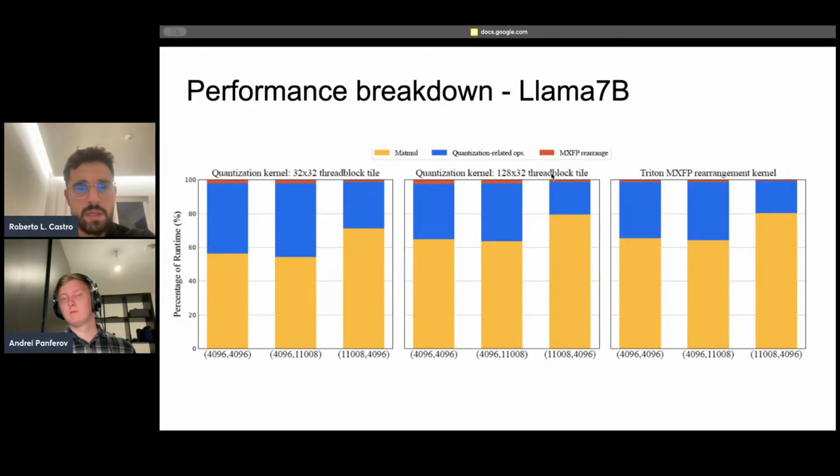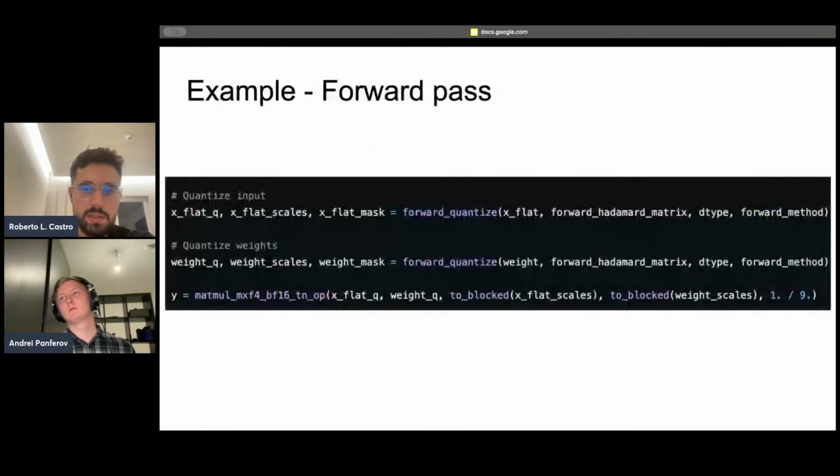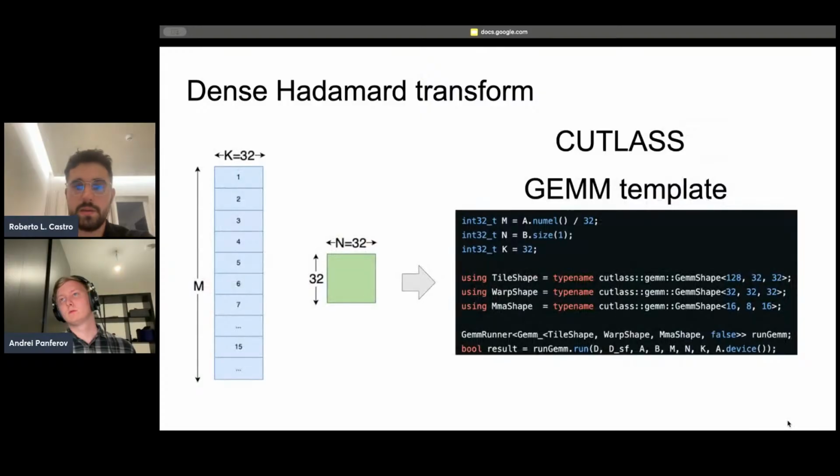Then I'm going to describe first this figure on the left. Here on the title, you can see that we have used 32 by 32 thread block tiles, and this is related to this slide that I showed over here. So this first parameter is the parameter that we tune to 32 or 128, and this is related to the tile shape, right?